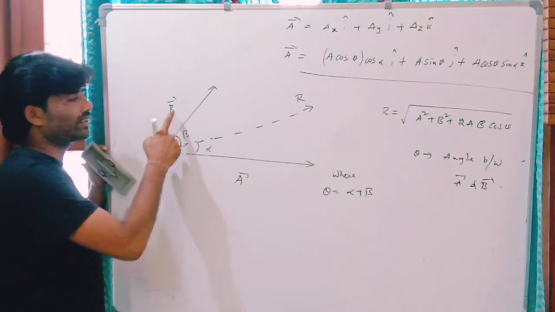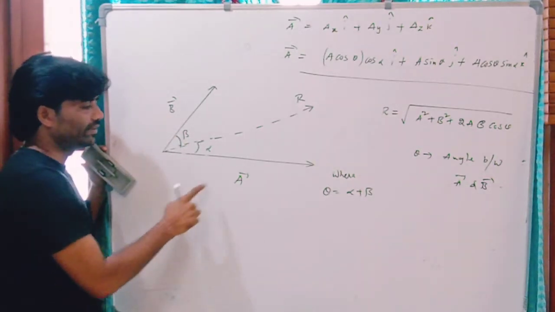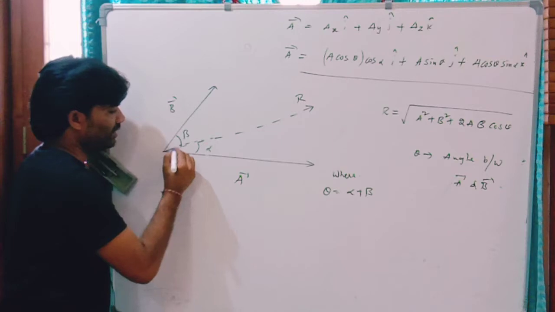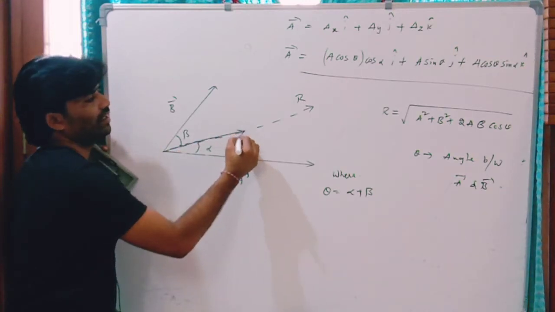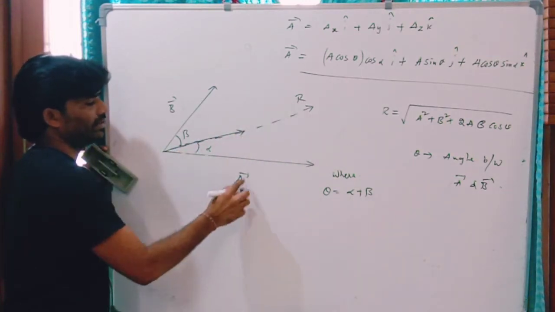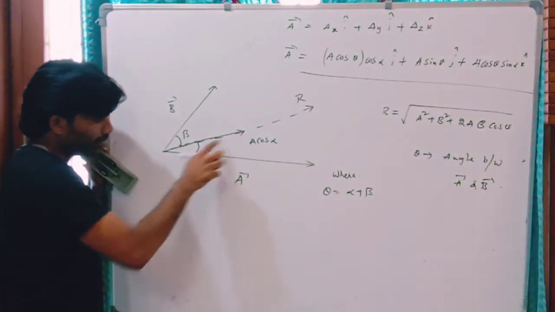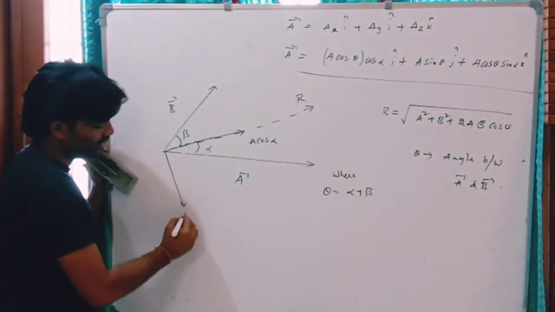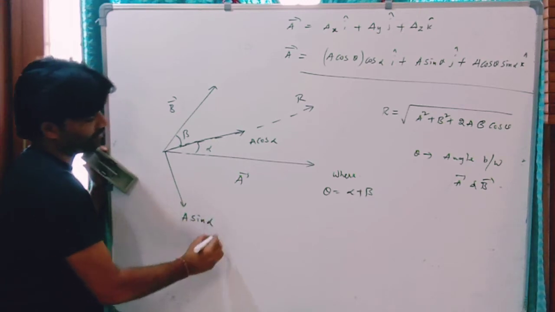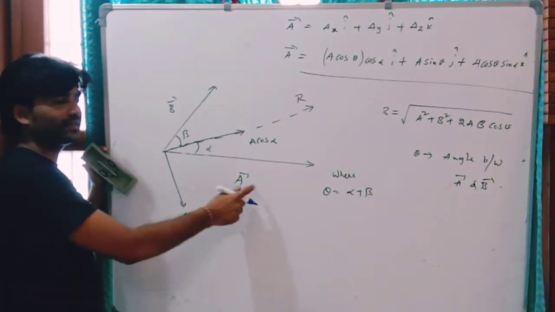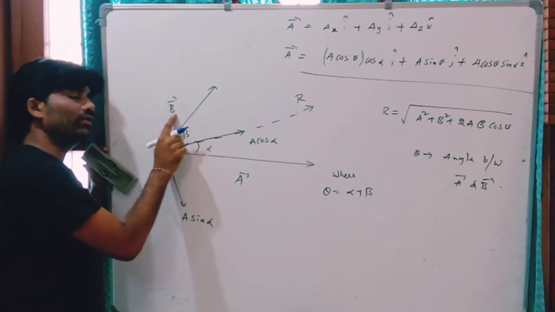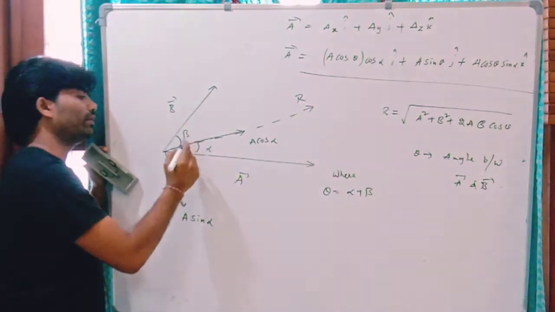I'll resolve a vector and b vector into components. The component of a along the direction of this resultant is a cos alpha, and its component perpendicular to this is a sin alpha. These are the two components of a. Similarly, resolve b vector into two components.